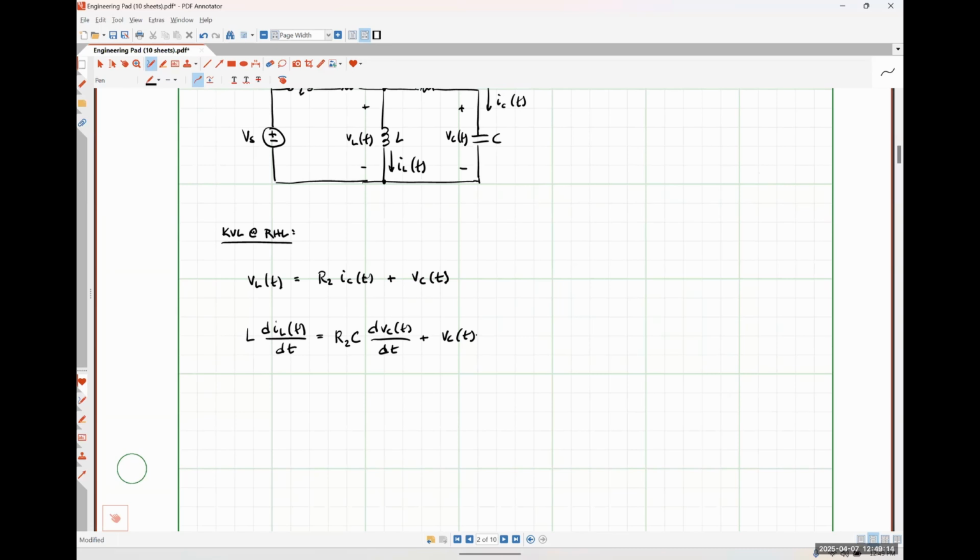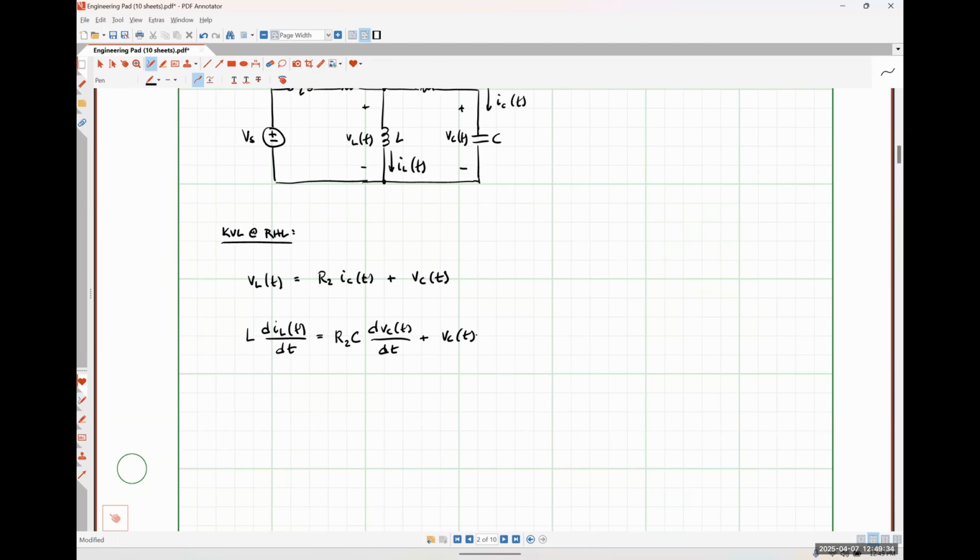Okay. I'm going to put a pin in this equation because there's not really anything else that we can do to it. But notice all of our terms are expressed as either functions of inductor current or capacitor voltage, okay?